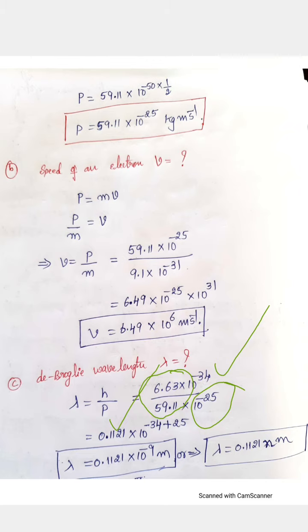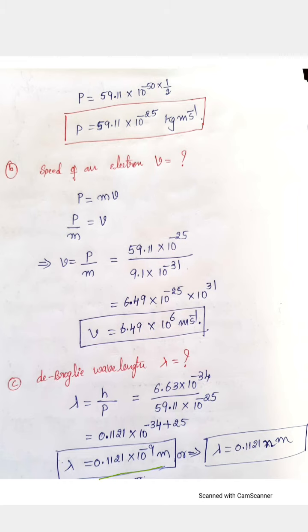Now simplify that one. 0.1121 into 10 to the power minus 34 plus 25. What will you get? 0.1121 into 10 to the power minus 9, that is minus 34 plus 25.